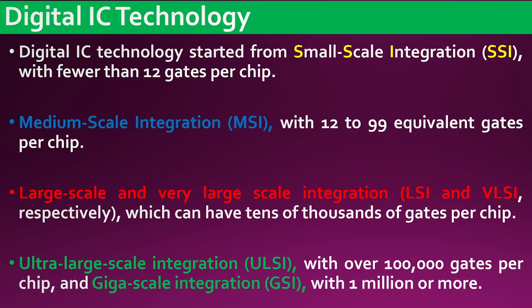Then we have the concept of ultra large scale integration and giga scale integration, where in ultra large scale integration we expect around 1 lakh gates per chip, and in giga scale integration we expect around 1 million or more.